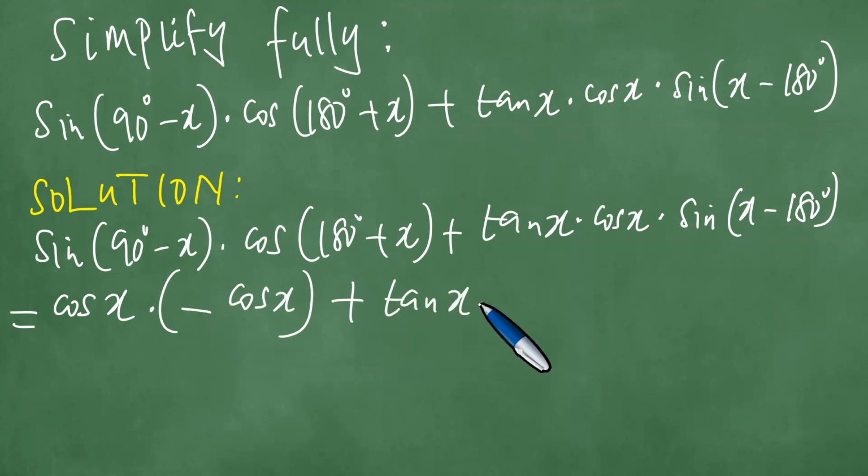Plus the tangent of x, cosine of x. In which quadrant is x minus 180? This one is a negative angle. In which quadrant is x minus 180 degrees?